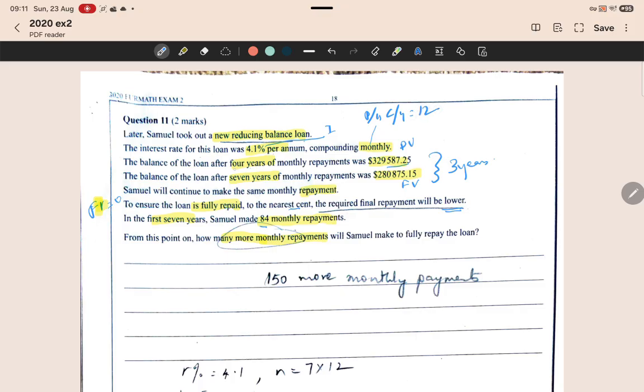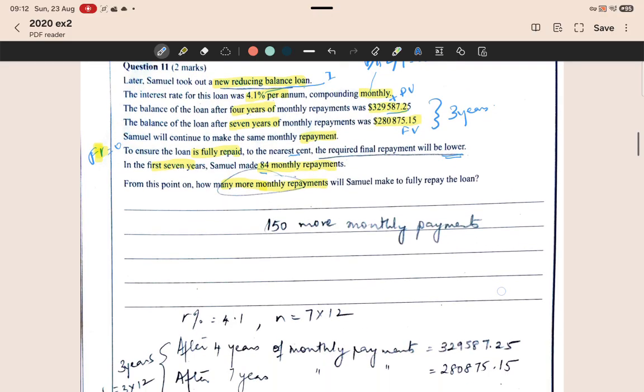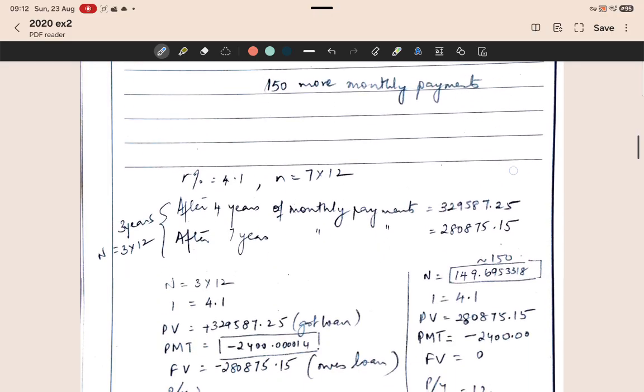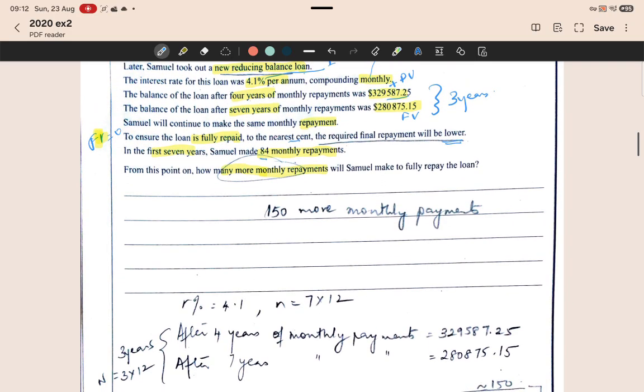The balance of the loan, because it's a loan, this is money that is still with him, so this will be plus PV. And this, the balance after 7 years, okay, is 280,875, is money that he should still repay, so that will be minus.